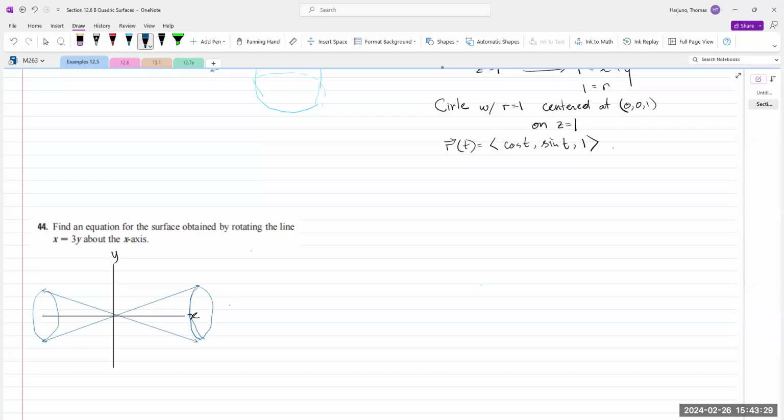Okay, now the thing is, what is the equation? Let me borrow x equals 3y. When I rotate with respect to the x-axis, it means I will change the y into r and then square it.